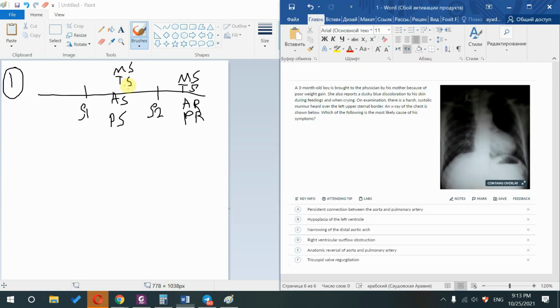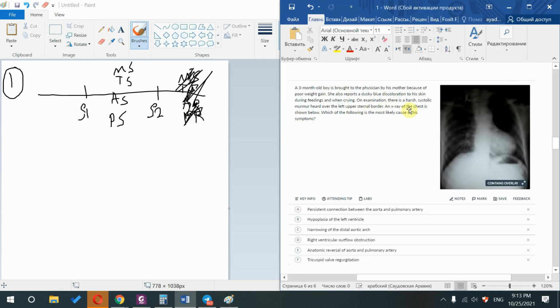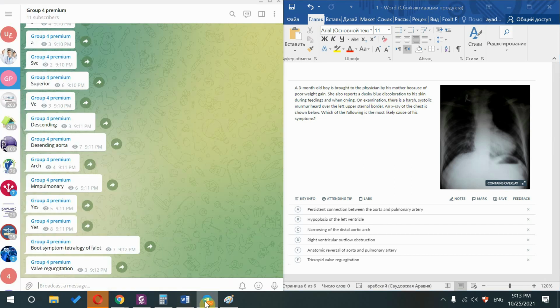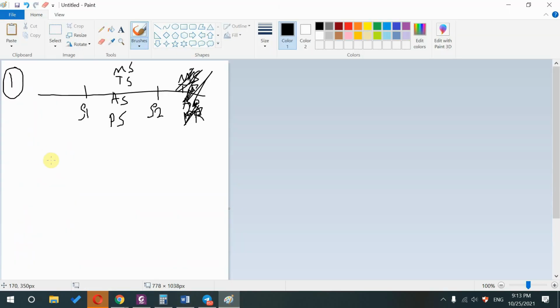So let's go back to the question. The question says systolic. So all of these diastolic ones we roll out. It cannot be any of these. The second clue they give us is left upper sternal border. What is the only murmur that is heard at the left upper sternal border, guys? Pulmonic, excellent. So it's the pulmonic area. Maybe you remember it from the picture in First Aid: A, P, T, M, so it's aortic, pulmonic, tricuspid, and mitral.